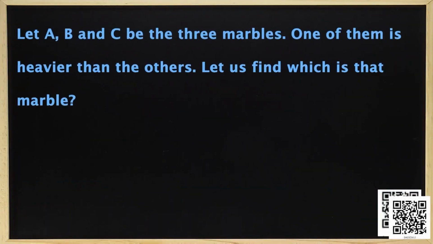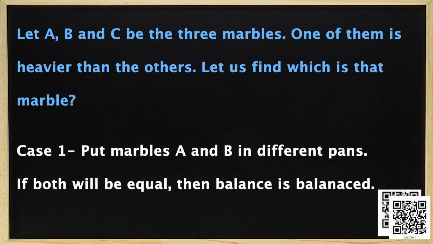Okay, I will help you. Let A, B and C be the 3 marbles. One of them is heavier than the others. Let us find which is that marble. Put marbles A and B in different pans of the balance.